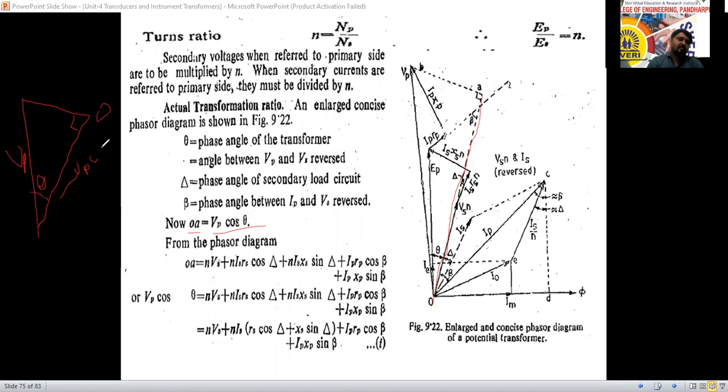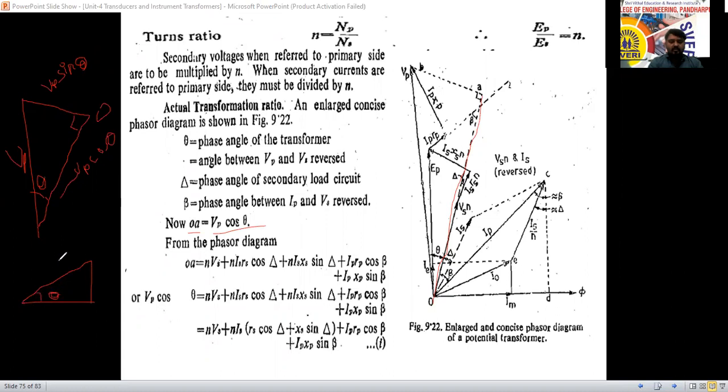Yes, VP cos theta we can write as the adjacent, and the opposite is VP sin theta. We can write it like this, or not? Anyone reply? You can rotate this also; it is like this.